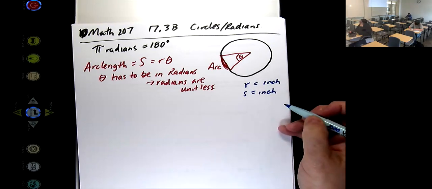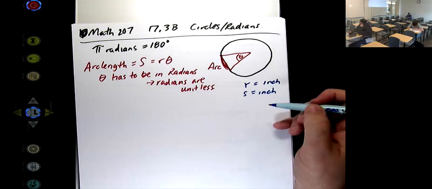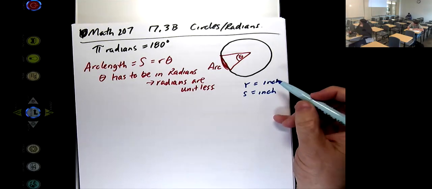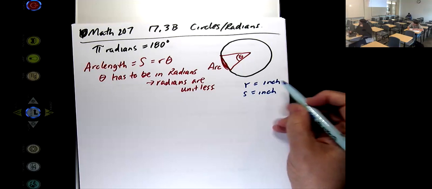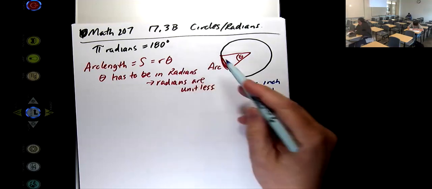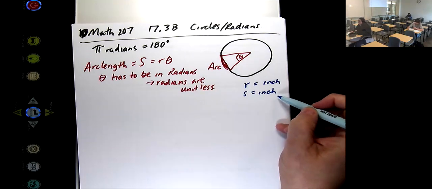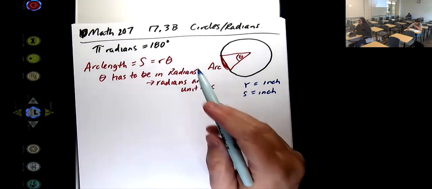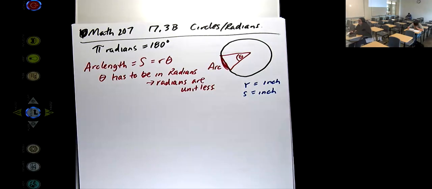If we're talking about a measurement of length, we want to have the same thing. And since S equals R theta, the only way R times theta stays as inches is if theta has no units, and 180 degrees has units, it has degrees. But when we switch away from that, we get to radians, we're good. So let's take a look at some examples there.